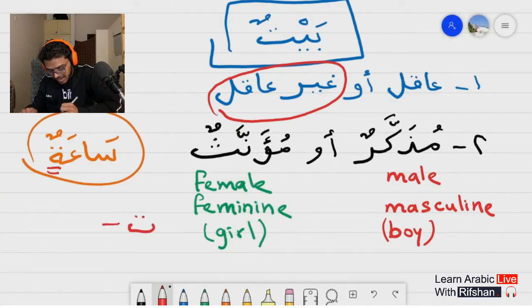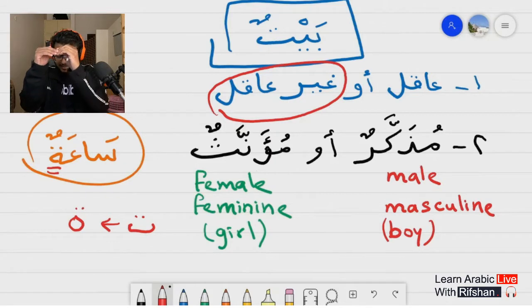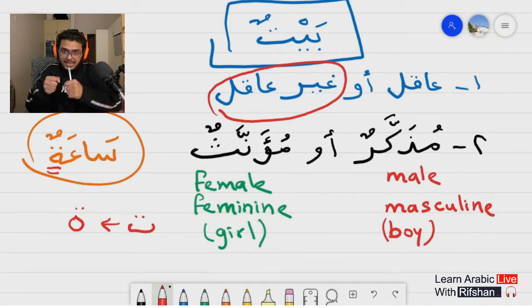It's called marbuta from rabt, tying. This is basic, but because some of you might be unaware of the word marbuta, I'm explaining this bit.